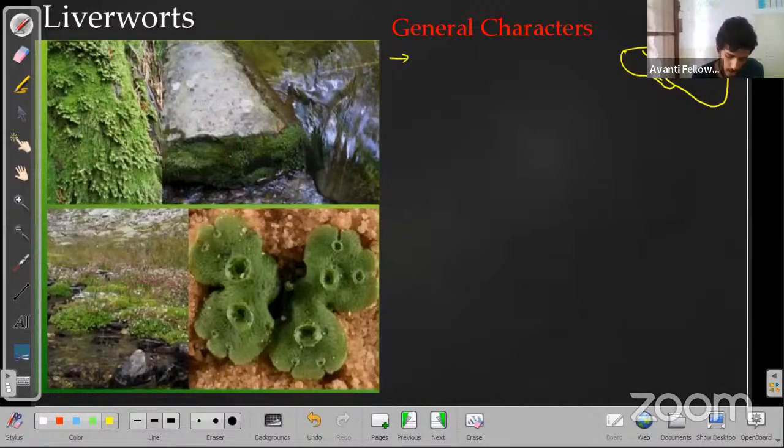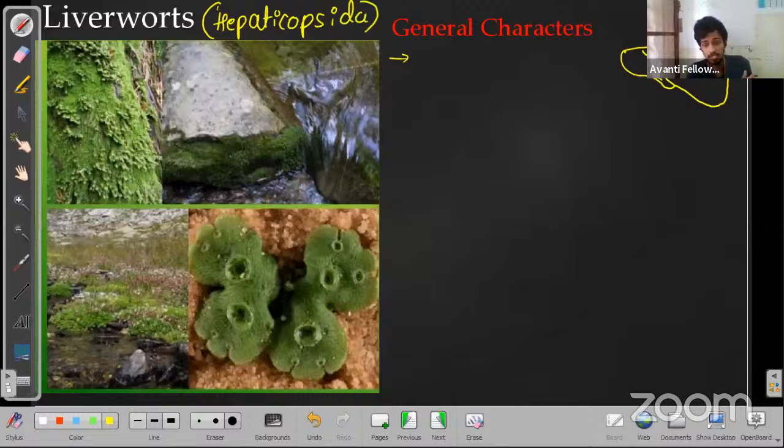Largest gland inside the body, correct. Largest gland inside the body. I can use another term called Hepaticopsida, Hepaticopsida or liverworts.